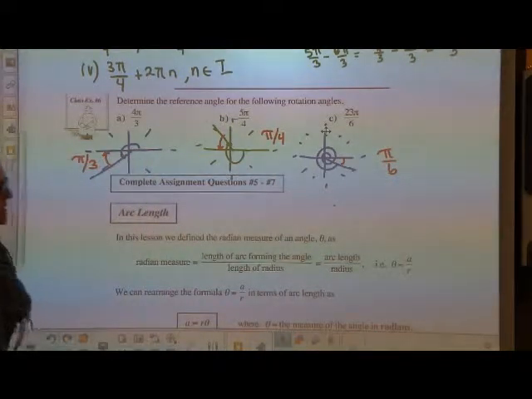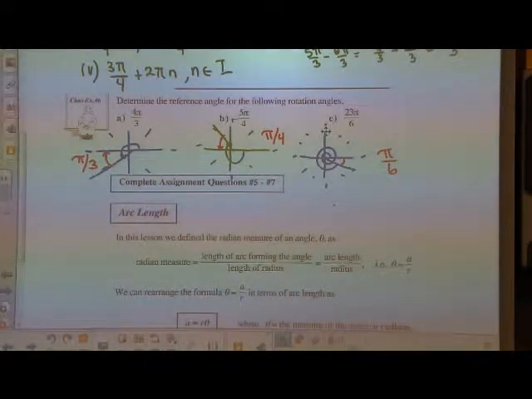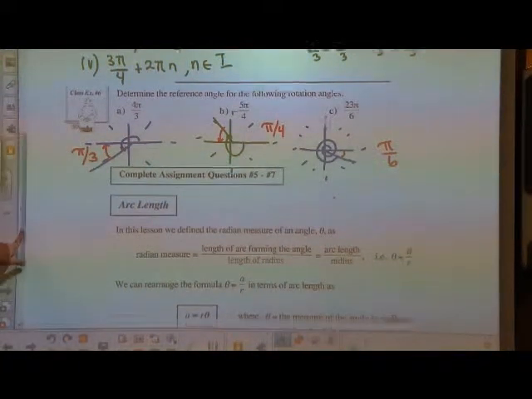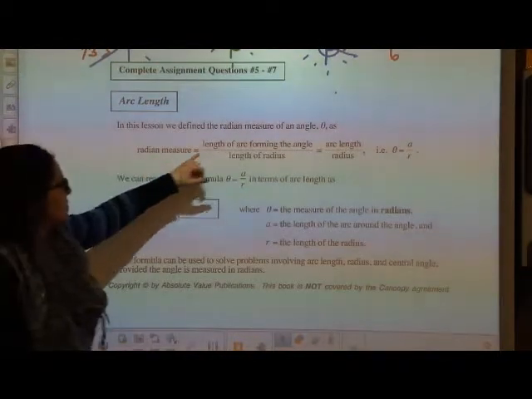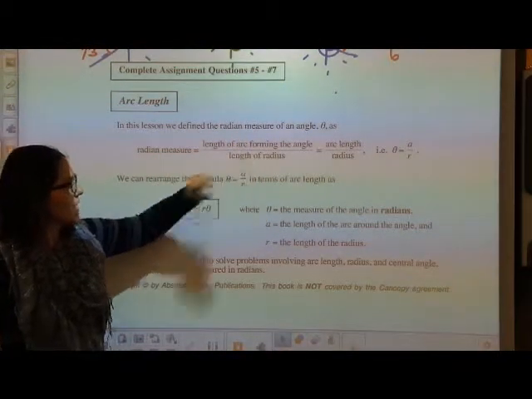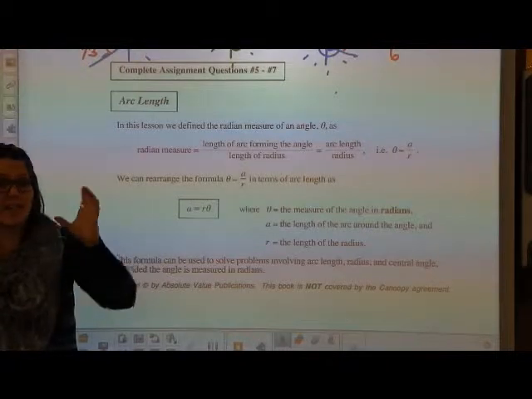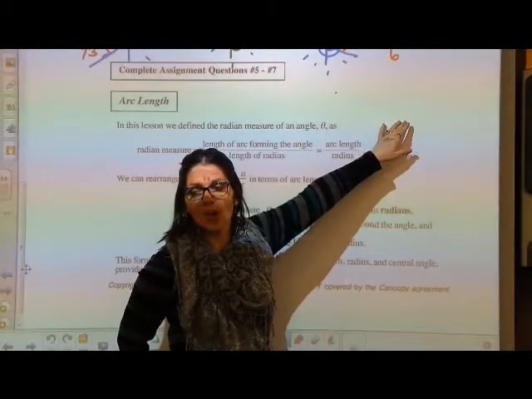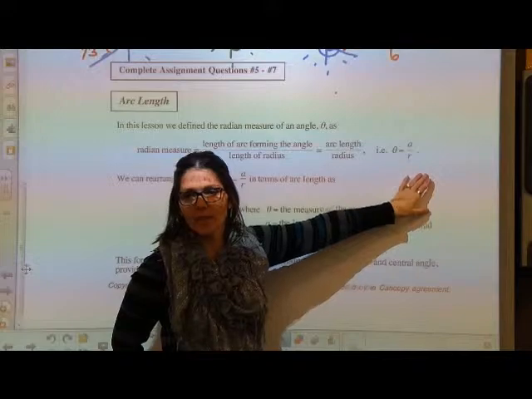Now, at the beginning of this section, when we were looking at radian measure, we defined a radian as being the length of the arc divided by the radius. And so we said that 1 radian was when the arc length and the radius were the same.